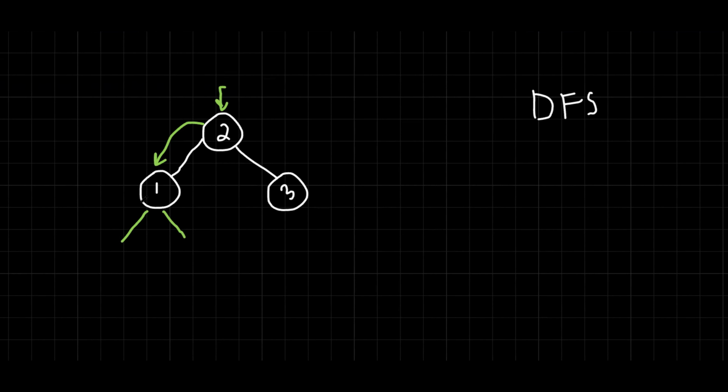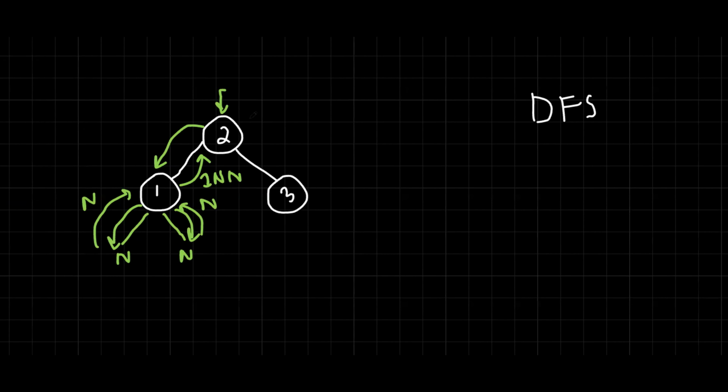So from 1 the call to its left child returns null, and again from 1 the call to its right child also returns null. Now 1 will return its own value, 1, plus the value from the left subtree, which is n, and the value from the right subtree, which is n.